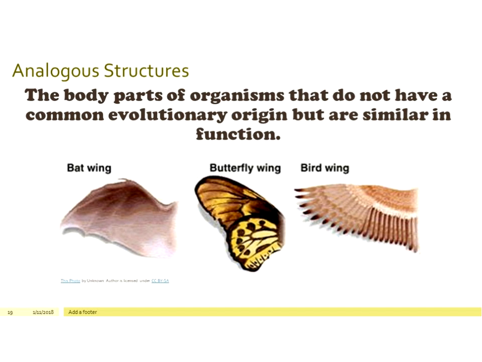They don't necessarily have a recent ancestor. So the bat wing, the butterfly wing, and the bird wing are all examples here. The bird and the bat are going to be homologous, but when compared to the butterfly, they're analogous. The butterfly is not considered a common or more recent ancestor to those because the butterfly is an insect, and the other two are mammals.